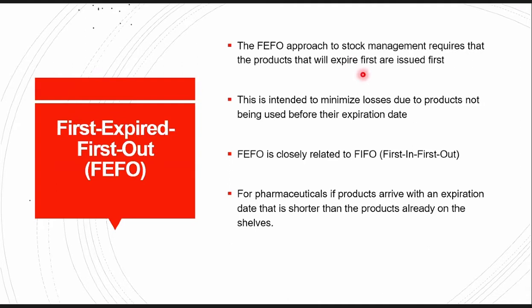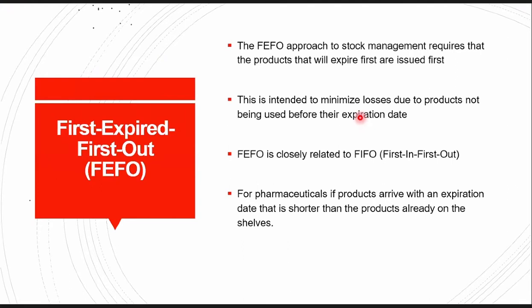If you're not going to observe FEFO in your pharmacy, you are going to have a lot of losses, because before you know it, you just find that your products are expired.